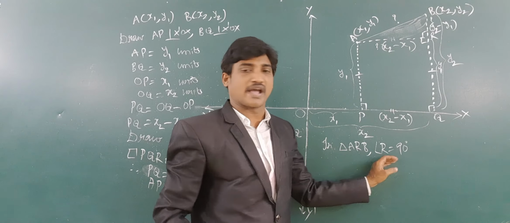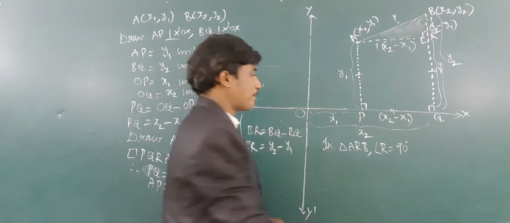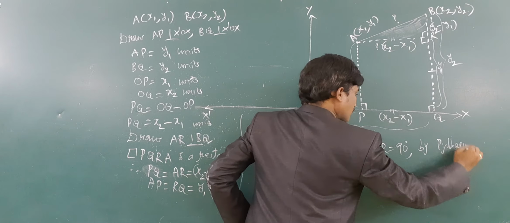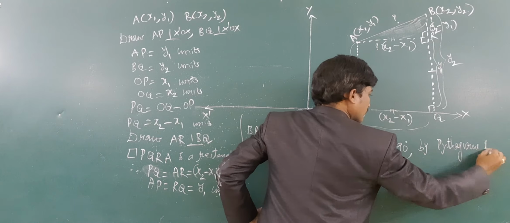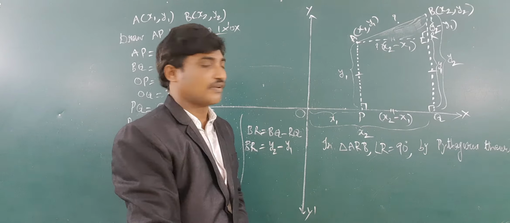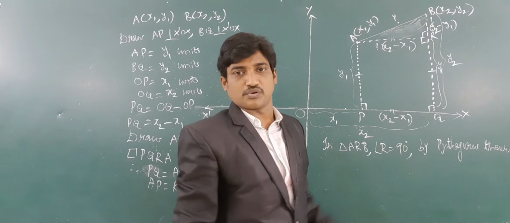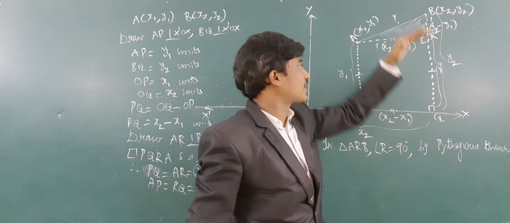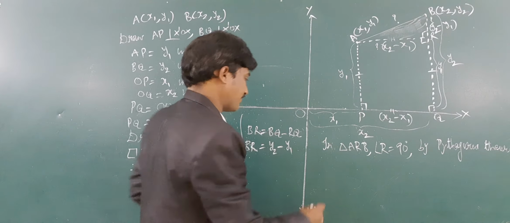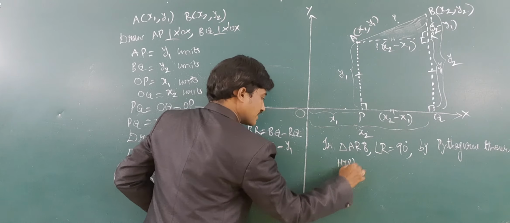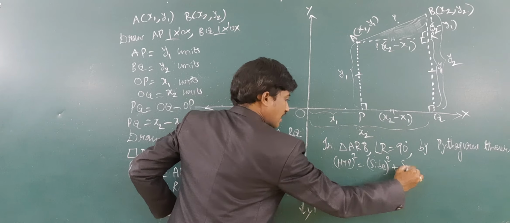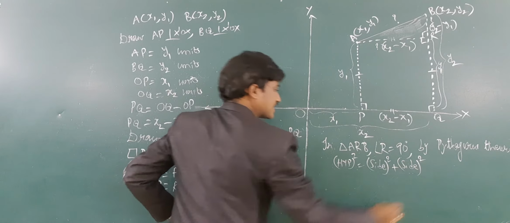By Pythagoras theorem, the square of the hypotenuse is equal to the sum of the squares of the other two sides.